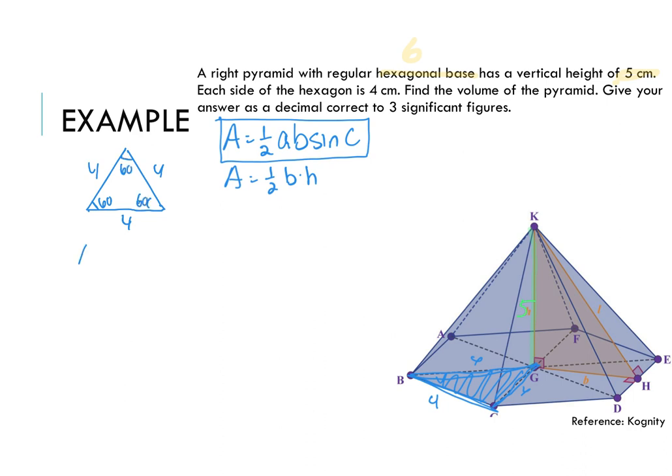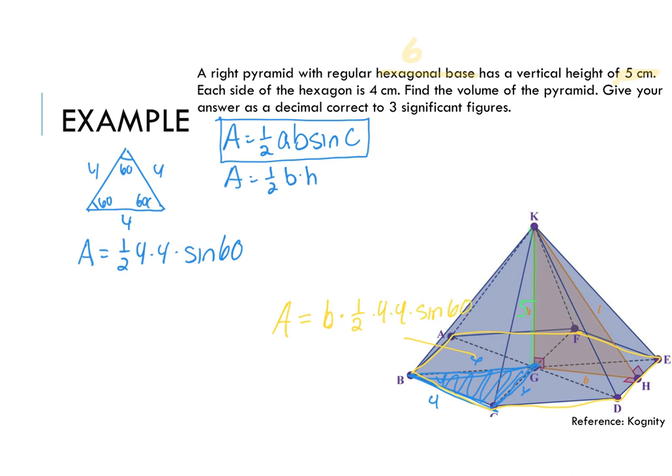So I can say that the area of one of these triangles is 1/2 times 4 times 4 times sine of 60. And therefore, this is the area of one of these triangles. So the area of the whole hexagon is going to be 6 times this: 6 times 1/2 times 4 times 4 times sine of 60.